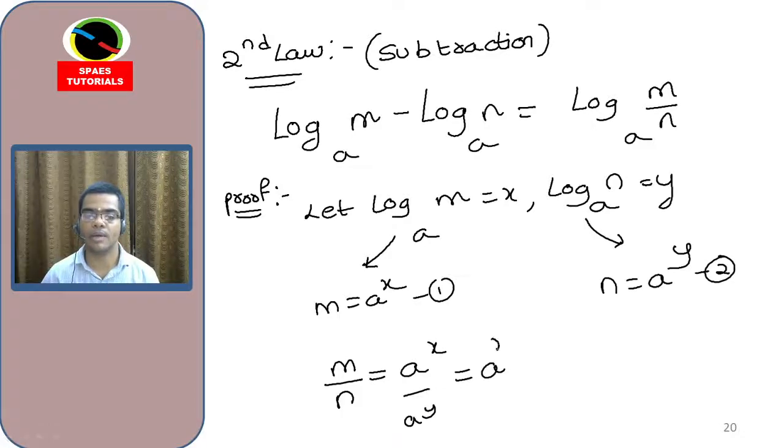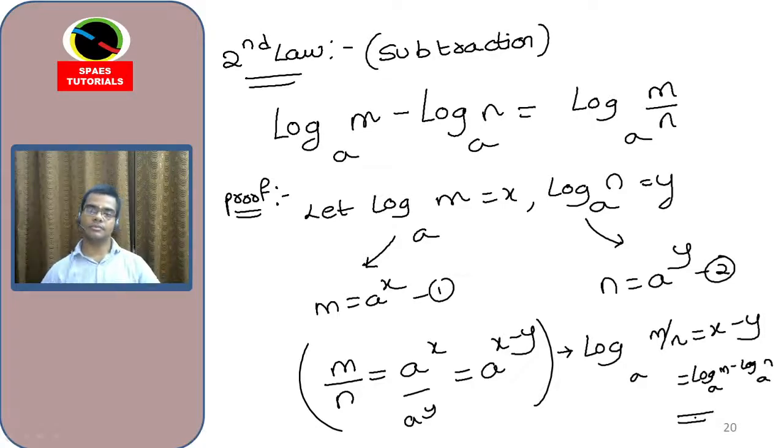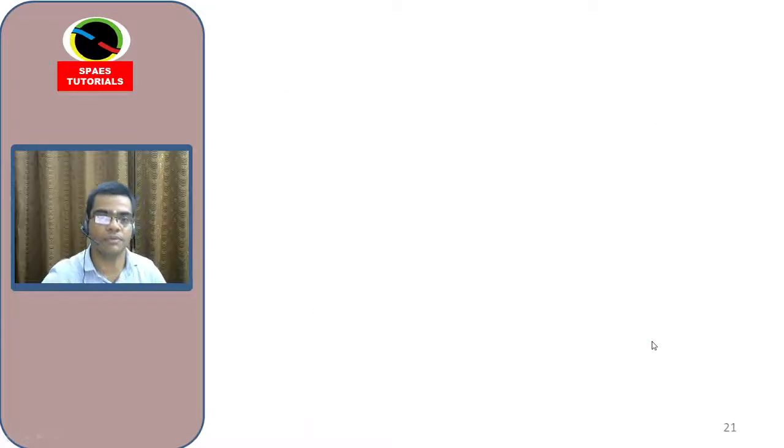That's going to become a power x minus y. Now if we write this in logarithmic notation, that's going to become log m by n to the base a is equal to x minus y. But x is nothing but log m base a, and y is nothing but log n base a, hence proved. So we got log m by n base a is equal to log m base a minus log n base a. Clear, students? So we're going for the next law.